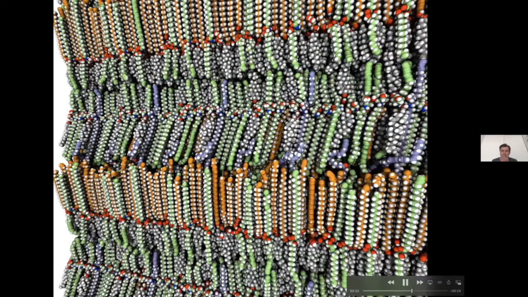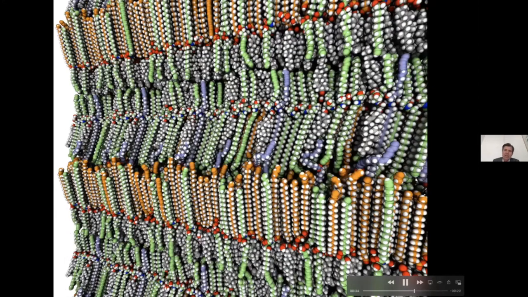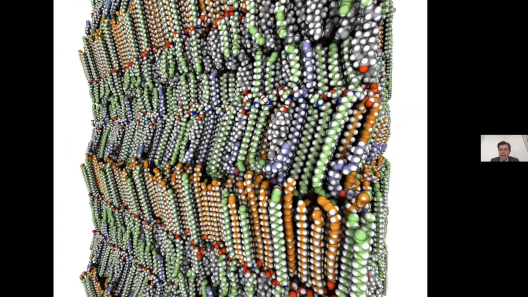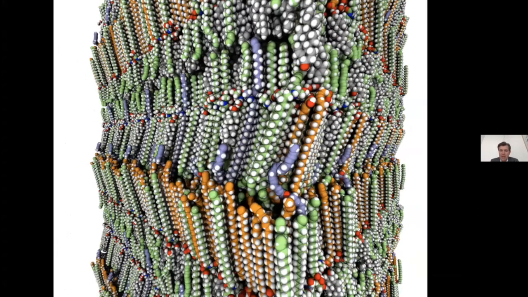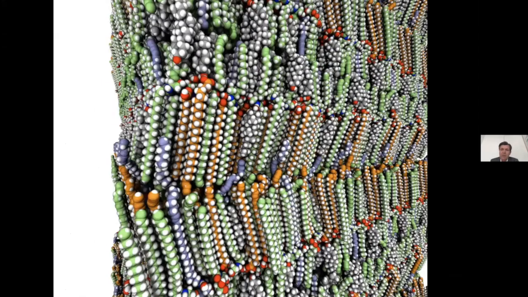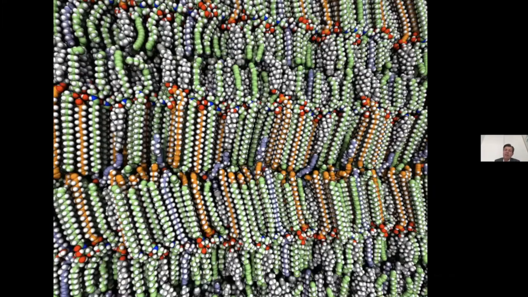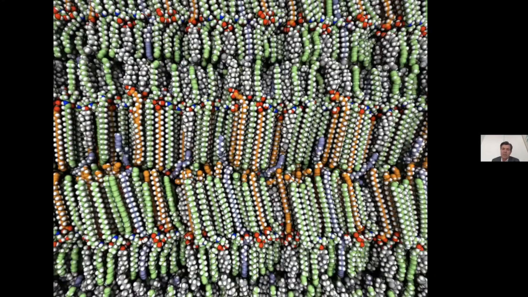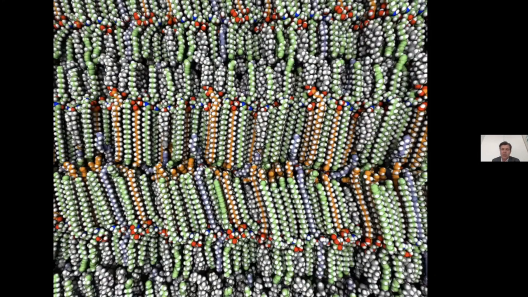And in molecular dynamics simulation, we simulate the function of this barrier structure. And also now we try to understand how the barrier structure is deranged, both structurally and functionally, for example, in atopic dermatitis.